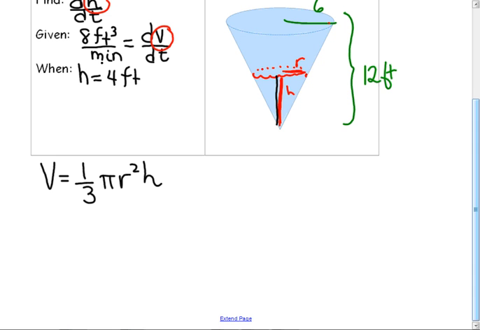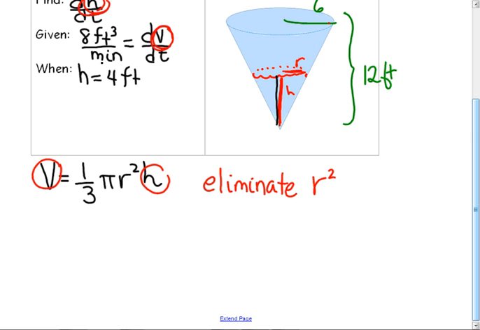So that's going to be nice. I want to relate v and h because that's what's in my given and find. And sometimes they tweak it a little bit so it doesn't work, but most of the time it does. I want v and I want h. R is changing as well. You can't put 6 in because the radius is not always 6. I have to eliminate the r's. I want the v and the h.